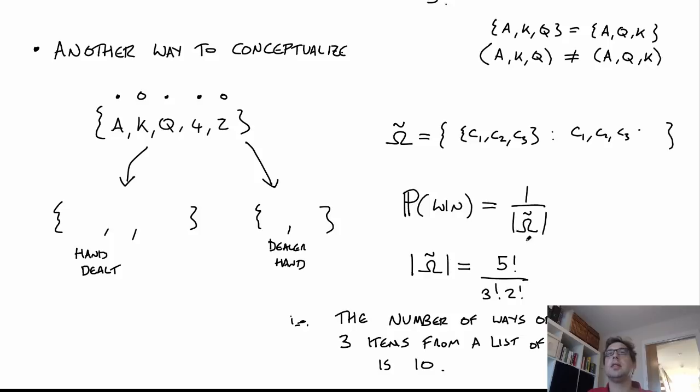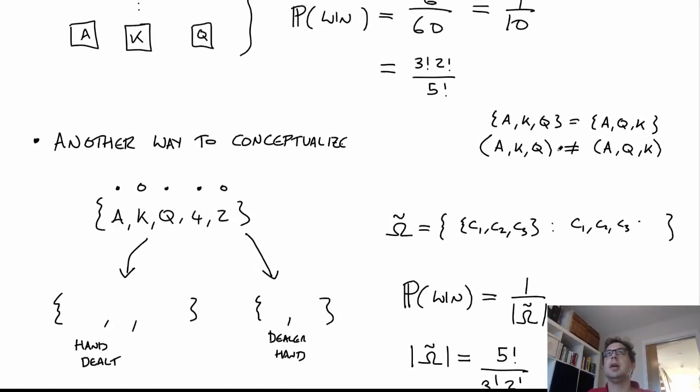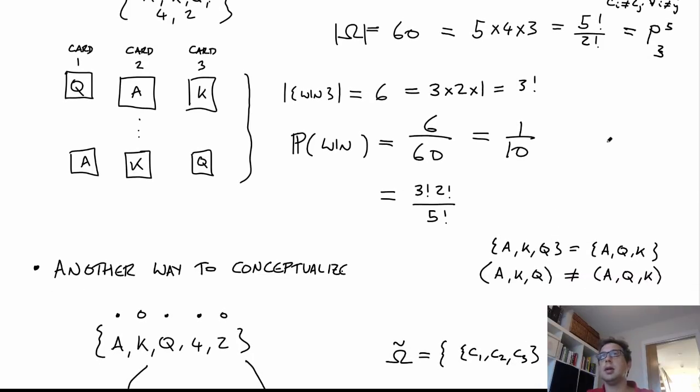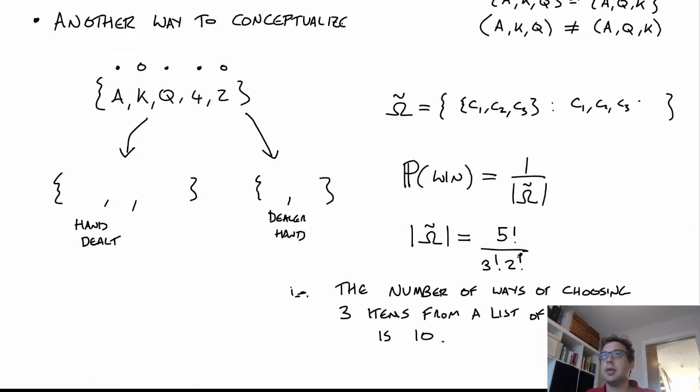Another thing to notice is that here this was equal to the permutation of 5 and 3. Okay. And then we just divided it by 3 factorial to get this term here. So notice also that this term is equal to the permutation of 5 and 3 divided by 3 factorial. Okay?